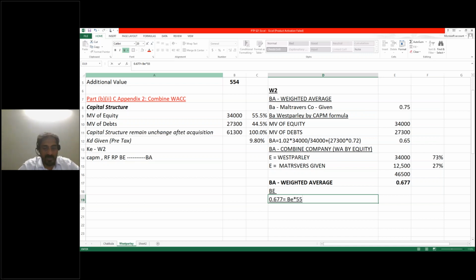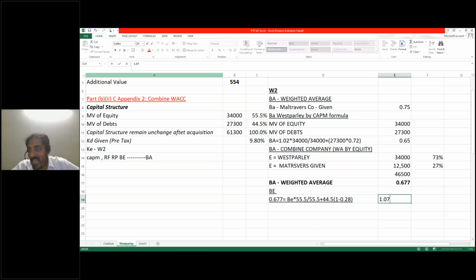Multiply by 55.5 divided by 55.5 plus 44.5, 1 minus tax 0.28. What is the value? That is 1.07.